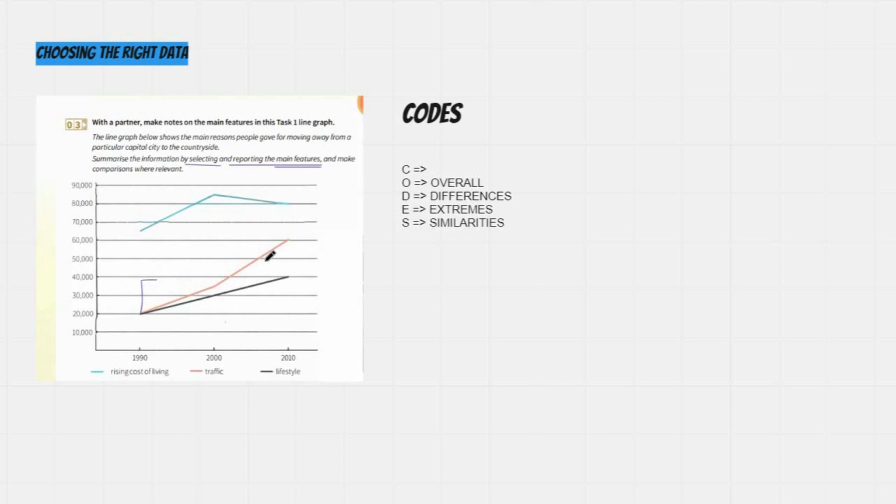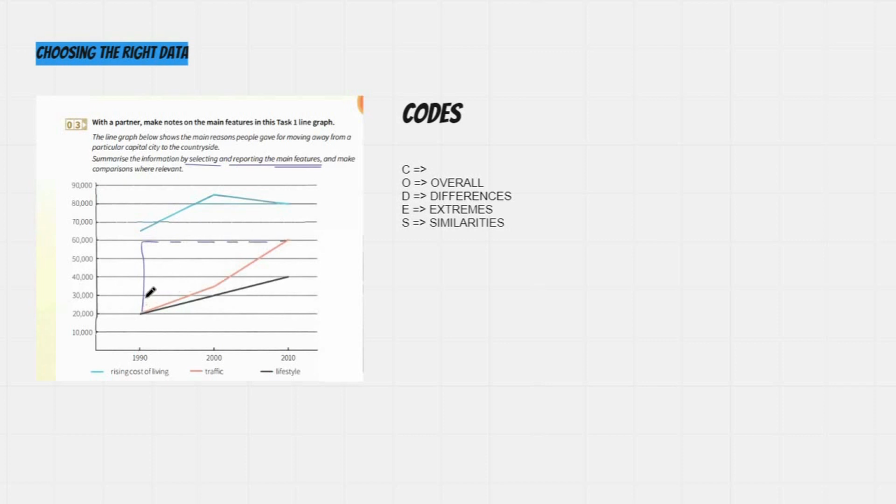We can also show differences in the shape of the lines, right? In this particular case, obviously, the black line, the lifestyle, grew much slower than the traffic, and this is an interesting feature. We could also show the differences in the numbers between the points.